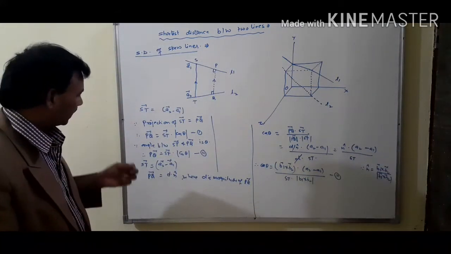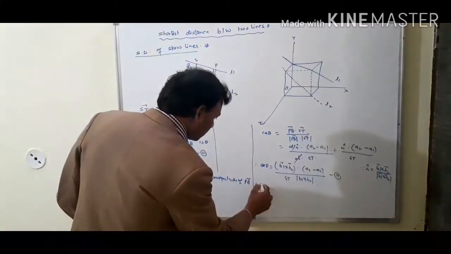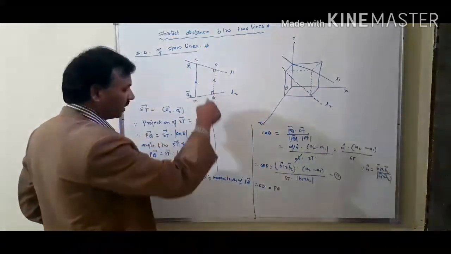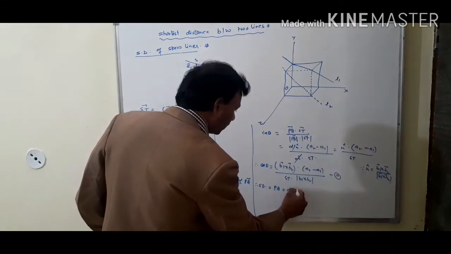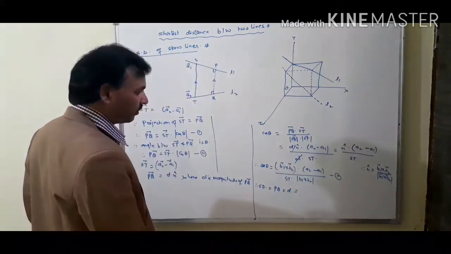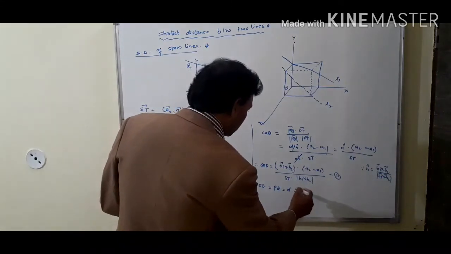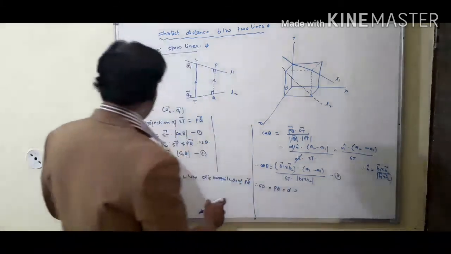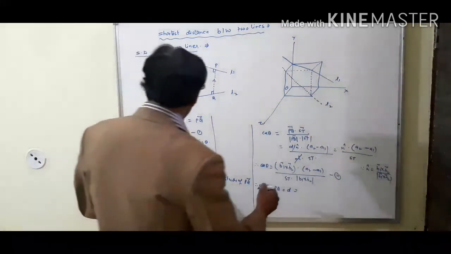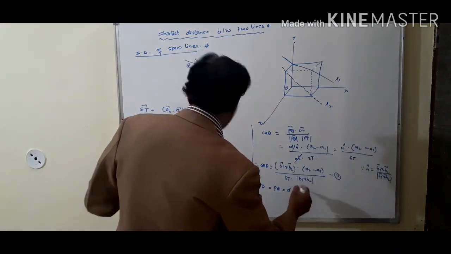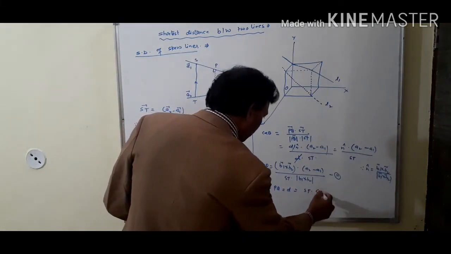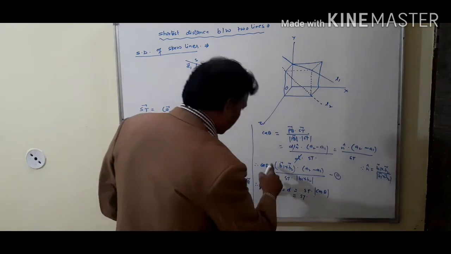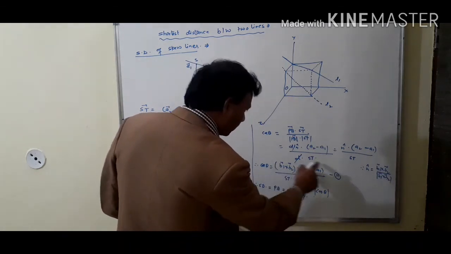Therefore, the shortest distance is denoted by PQ, which is the magnitude of vector PQ, equal to D. PQ equals ST into cos of theta, and the value of cos theta is taken from equation 2.